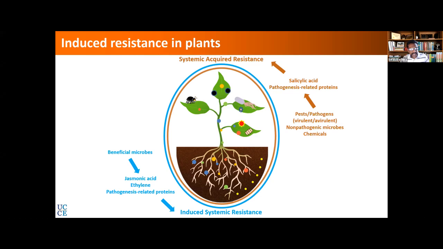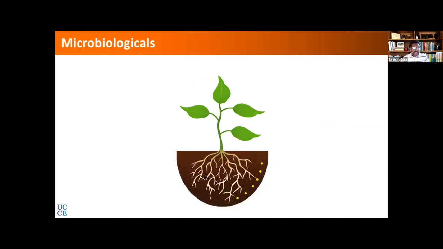And this one is like taking probiotics, yogurt, or other products that supply beneficial microbes. So this is the difference here. And we can use this, particularly the beneficial microbes and other ones, to improve the plant health. So here are some examples.